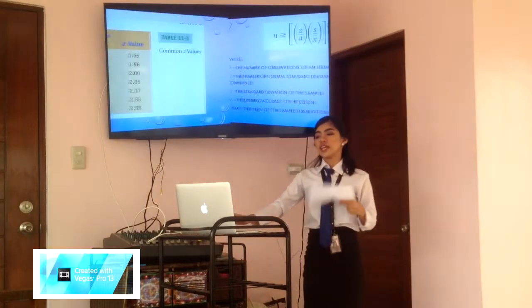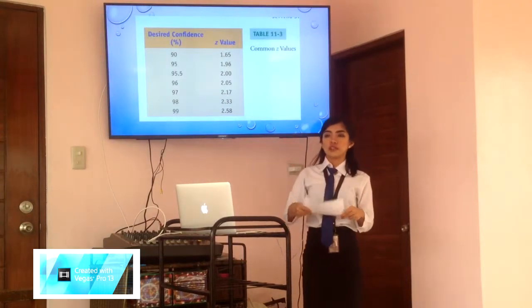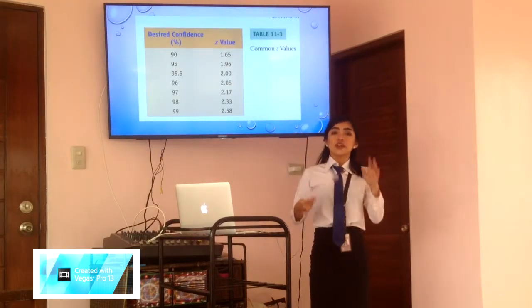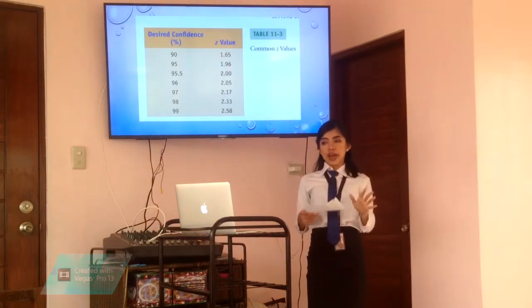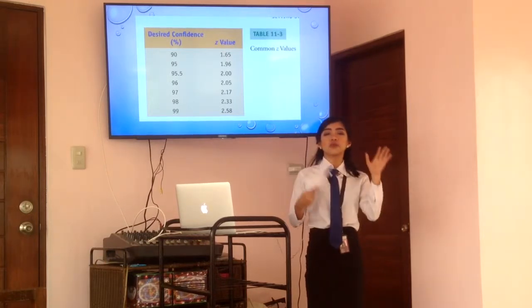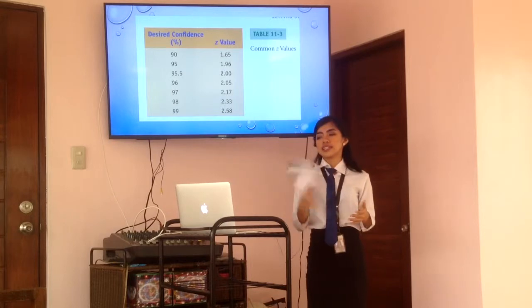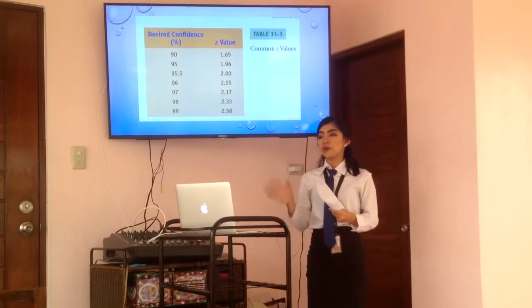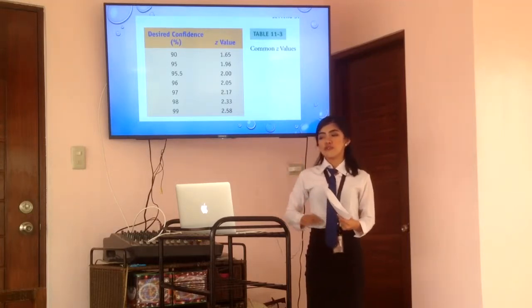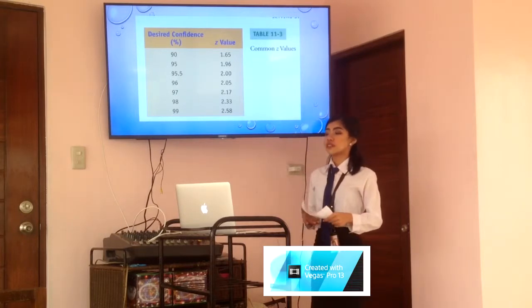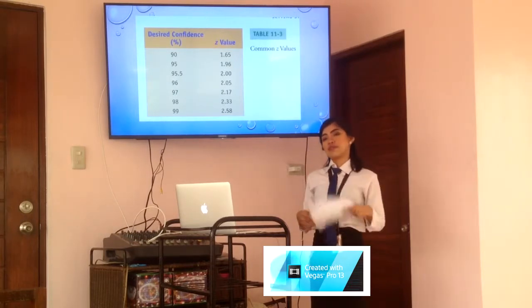So let's proceed to the table of common Z values. If you want a 90% desired confidence, you'll have a 1.65 Z value, and for 95% desired confidence, you'll have 1.96. For 95.5, you'll have a 2.0 Z value, 96 is 2.05, 97 is 2.17, 98 is 2.33, and 99 is 2.55.